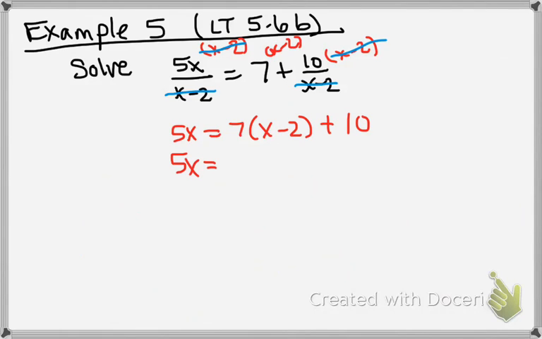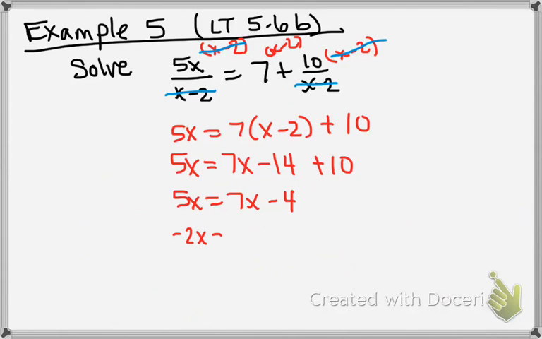So 5x equals 7x minus 14 plus 10. Combine like terms. So 5x equals 7x minus 4. And now get our x's together, so I'm going to subtract that 7x over, giving me negative 2x equals negative 4. Now divide by negative 2, so I get x equals 2.